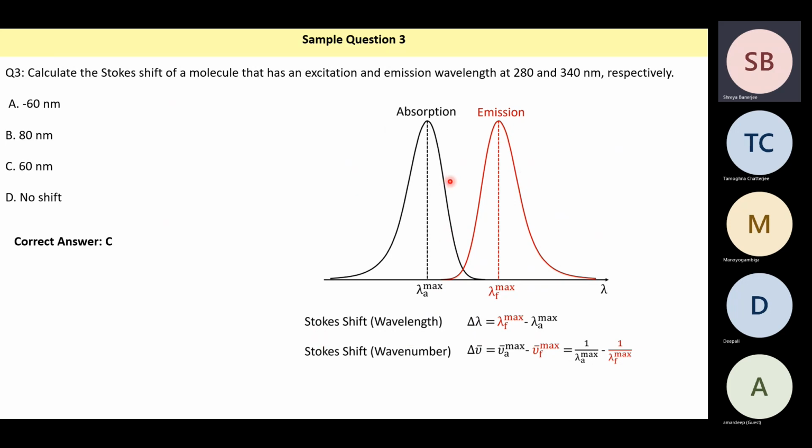Stokes shift refers to the difference in wavelength. We have to take the wavelength at the peak of the spectra for emission minus the wavelength at the peak of the spectra for absorption. So emission 340 minus 280 will give you 60 nanometer, which is answer C.